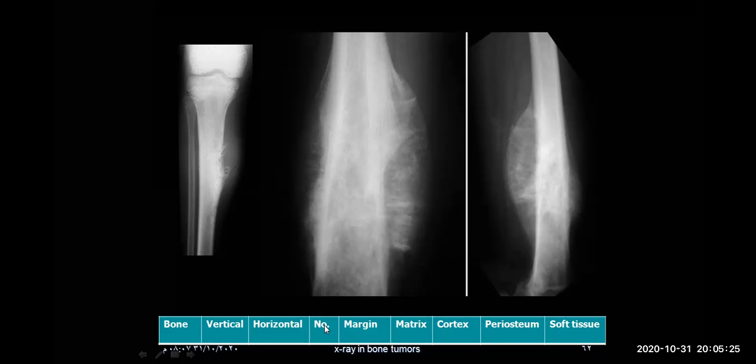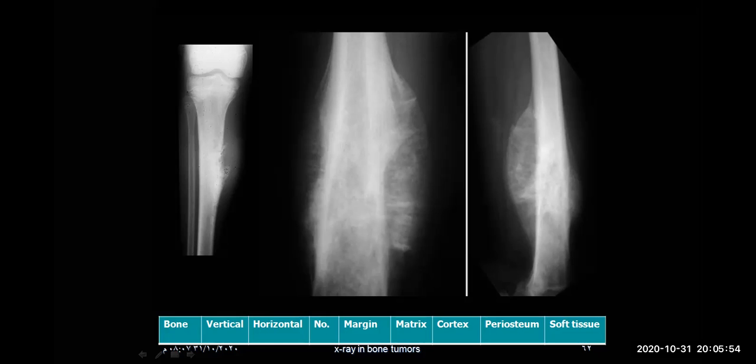Then is it solitary or multiple? And you see the margin of the tumor. Okay. Then the matrix of the tumor and the cortex. Then the periosteum and soft tissue.